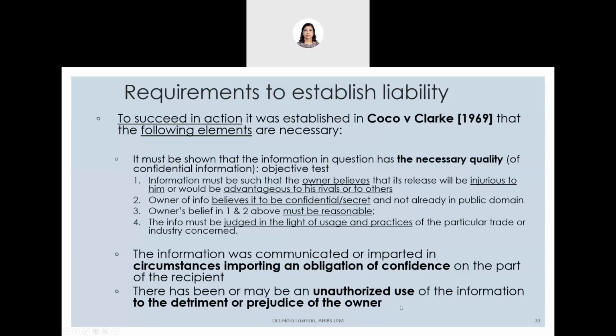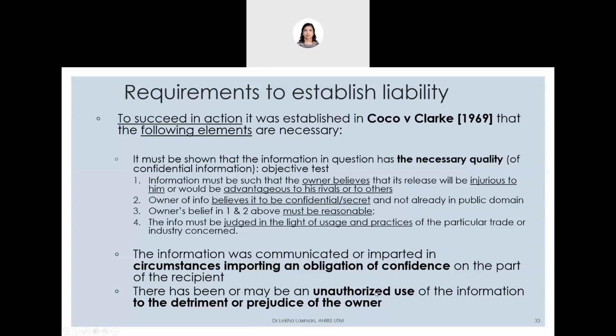For example, if you have employees that you trust, when you give this information to them, they know that this information has to be safeguarded because it's very important that it remains confidential or secret. So the recipient of the information must know that.